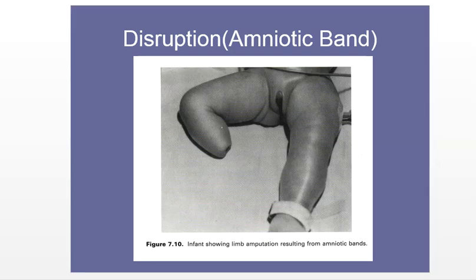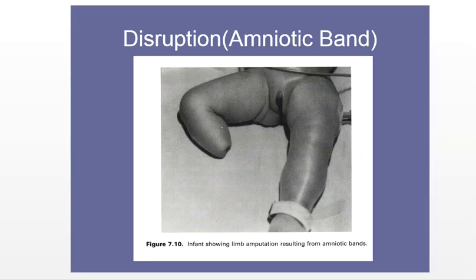Another abnormality concerns the amount of the amniotic fluid. We have two kinds of abnormality. One of them, hydramnios or polyhydramnios, is the term used to describe an excess of amniotic fluid, approximately 1,500 to 2,000 milliliters, whereas oligohydramnios refers to a decreased amount, less than 400 milliliters.